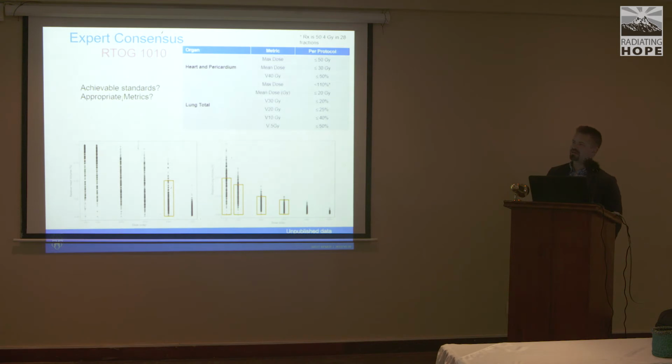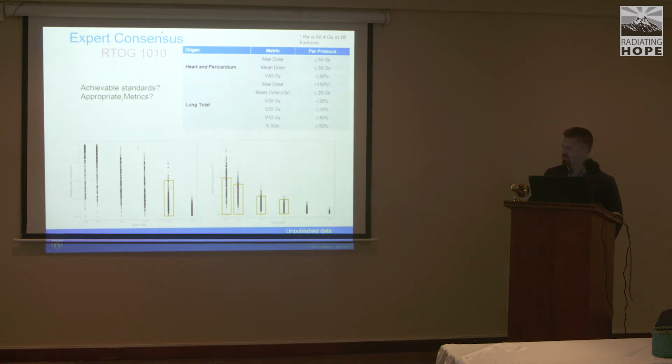Now, if you look at expert consensus guidelines on what to limit the heart and lung to, I think a good example would be the current trial RTOG 1010. Here in the upper corner, I have the metrics that are per protocol, as designed in the clinical study. The bottom two graphs show the close to 700 patients we included in our study.